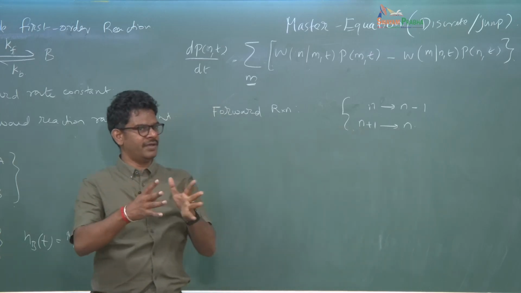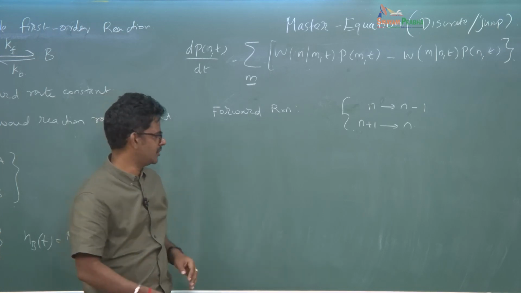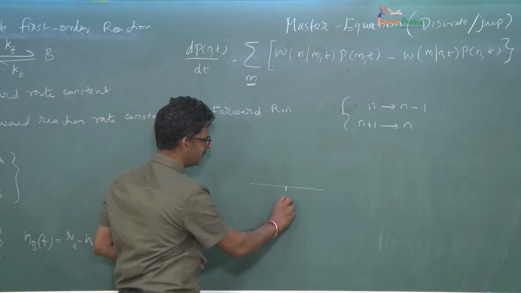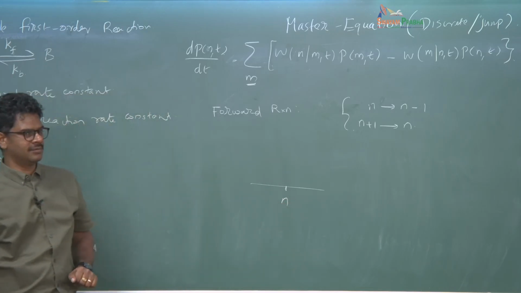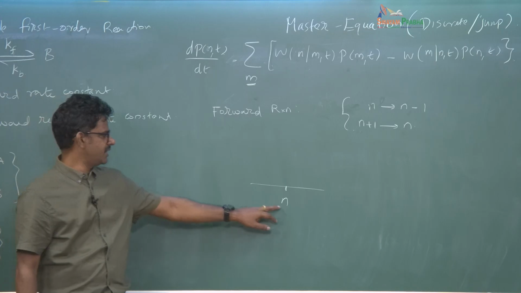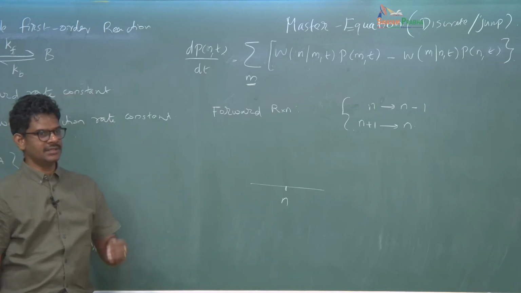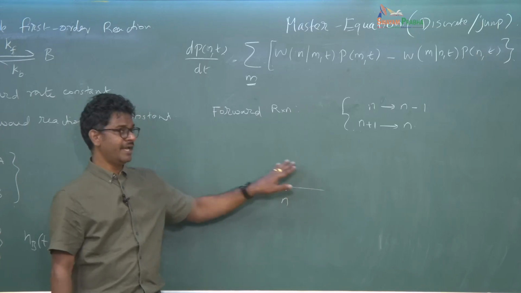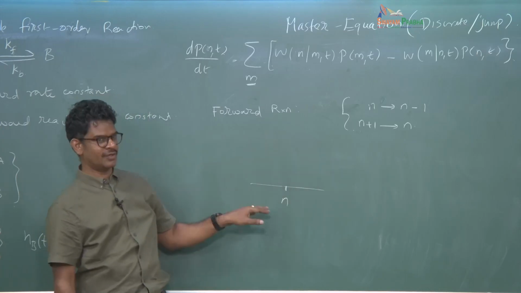So we are looking at many intermediate states. Remember I have been showing this diagram, right? So if I have state n, I want to know by forward reaction how the state n will be affected. That does not mean I have to only look at n and see what happens to n. I have to look at the neighborhood whether something is getting created also.